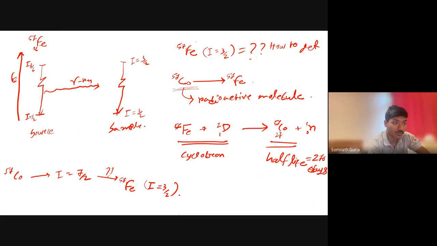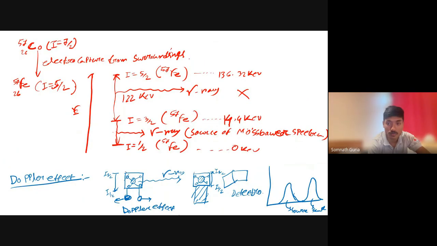That cobalt 57 decays to iron 57 with I equals 5/2, and that decays by gamma ray to form iron 57 with I equals 3/2, the nuclear spin state value.